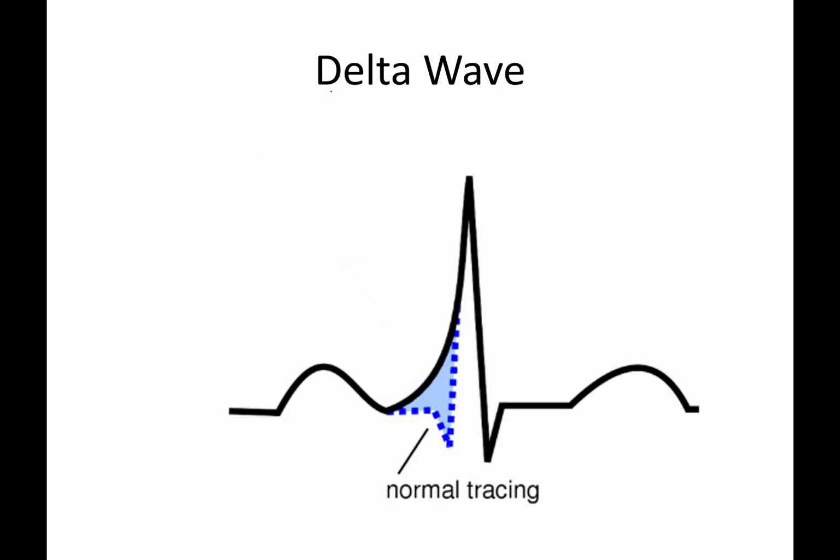All right, so a delta wave. I've mentioned it a few times. What the heck is it? Well, the delta wave itself actually is pretty simple. It's this nice gentle curve right here that's not supposed to be there. So let's measure this the same way we always do. So our P wave starts here and our P wave ends here.